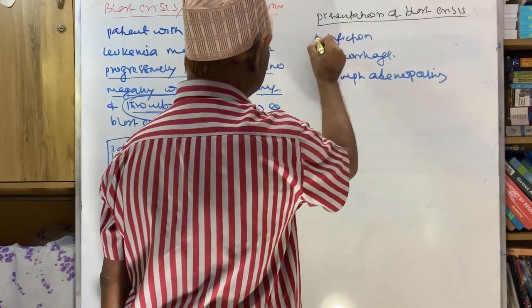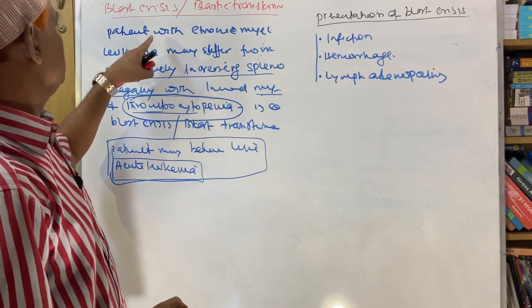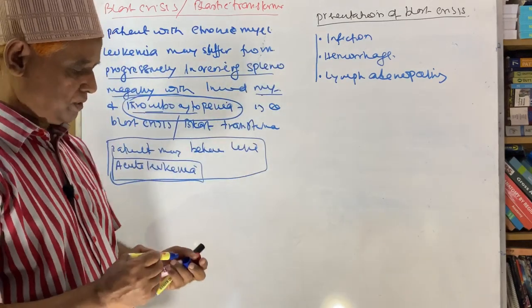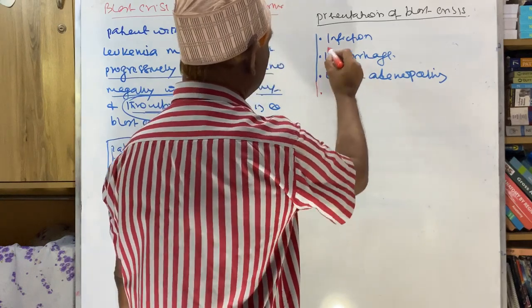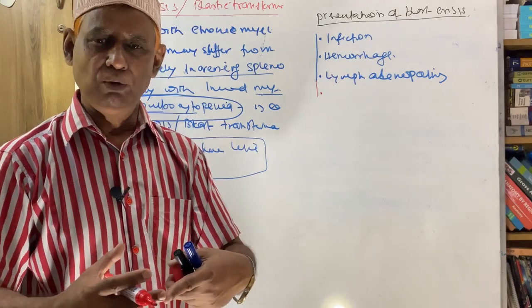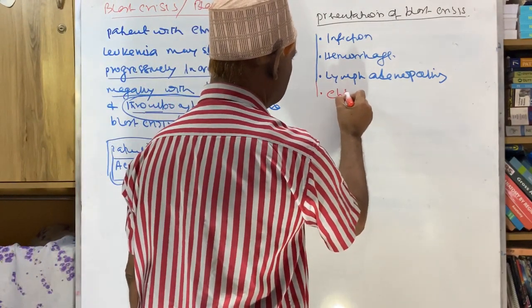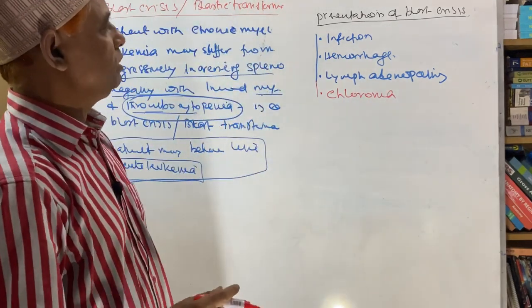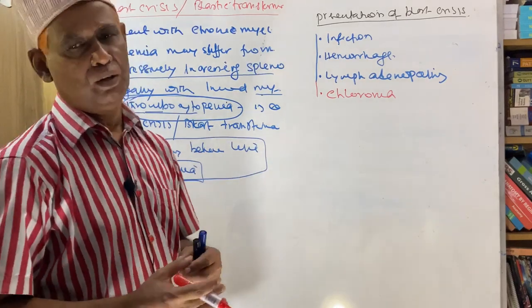These are the common presentations of a patient with chronic myeloid leukemia suffering from blast crisis. Besides infection, hemorrhage and lymphadenopathy, the patient may come to you with chloroma. So the presentation is infection, frequent fever, hemorrhage, lymphadenopathy and chloroma.